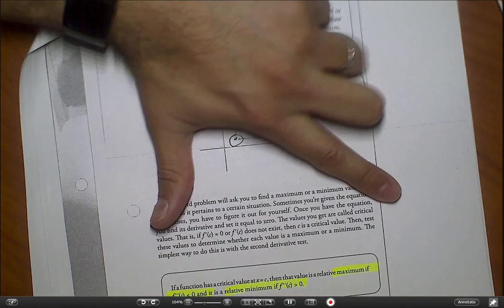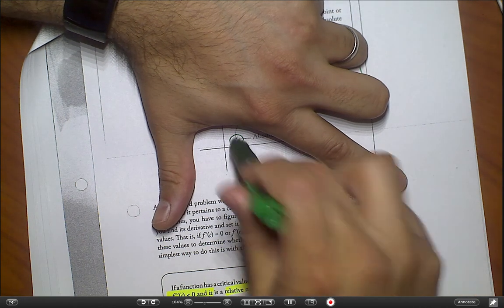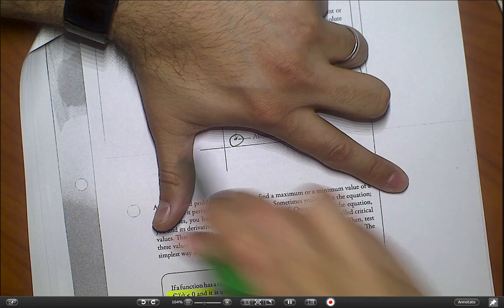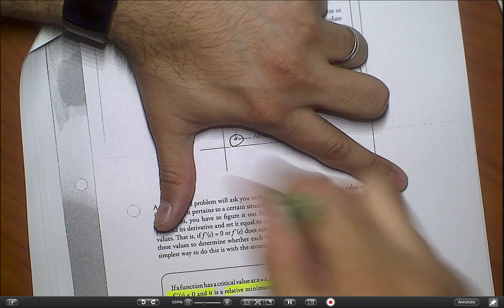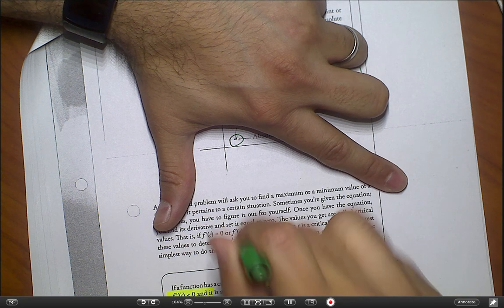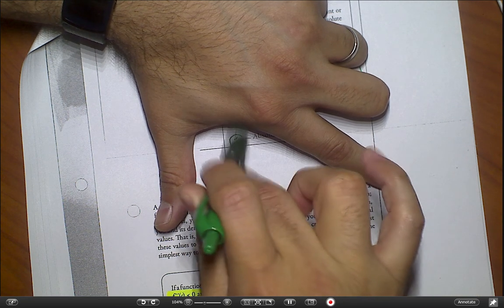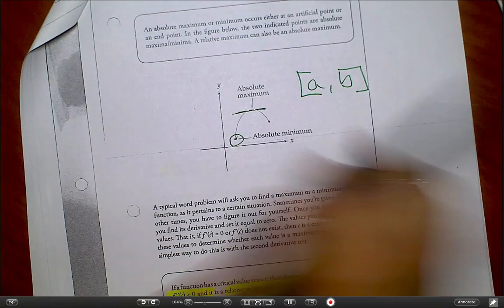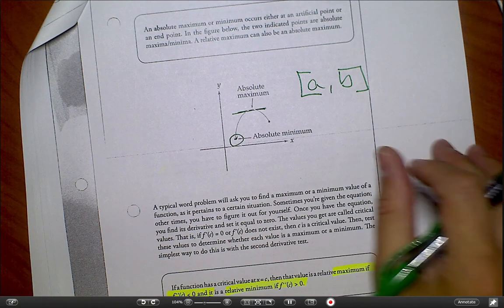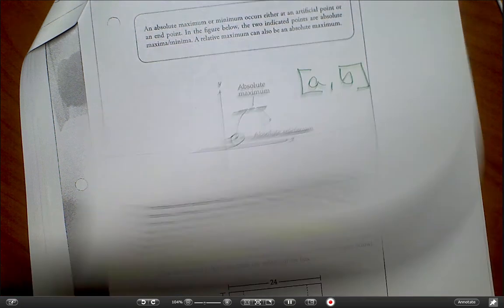It is opening down, so this is negative. Just think of this as a parabola, a negative parabola, opening down, so that's negative. Because of that, my second derivative is negative, and this is going to be a maximum.